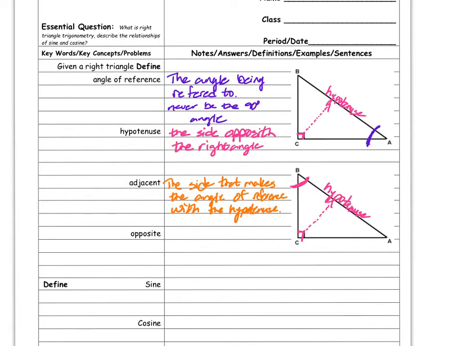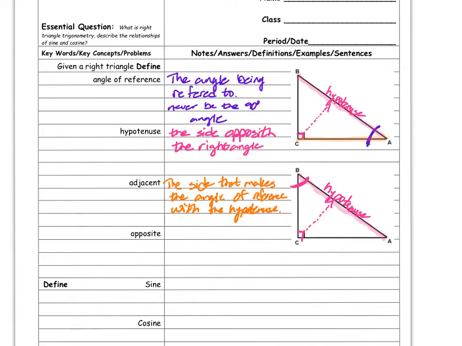Okay, so I'm going to show you with each side. I think I have a highlighter here. So I'm going to go back and just kind of highlight also my hypotenuse on each one of these. So this is my hypotenuse, sorry. And now I'm going to highlight this adjacent side. So the definition says it makes the angle of reference. So on the one I've got marked angle A, the one that makes the angle is this side.